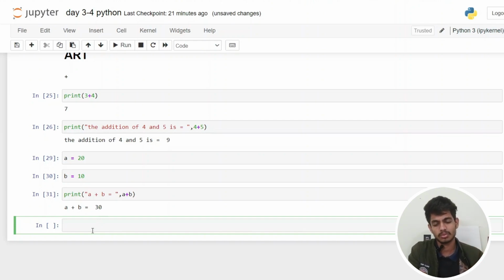After this we go to the minus operator. In the minus operator case it is the same.